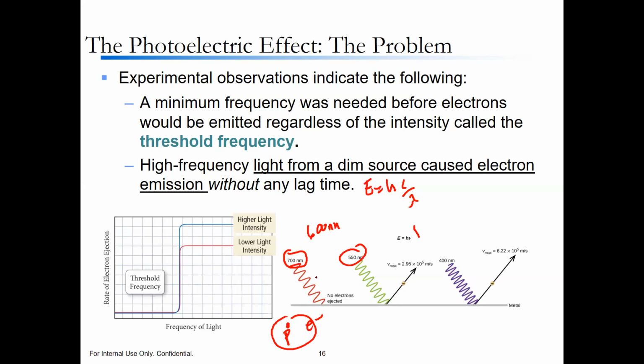I shine in 600 nanometers of light. The electron didn't fly off, didn't come off the atom. That means this light does not have enough energy to remove that electron. What happens if I put in 551 nanometer? The electron did not come off. Why? Because I need to put in the right amount of energy to remove that electron.